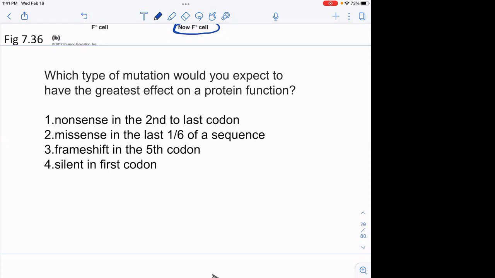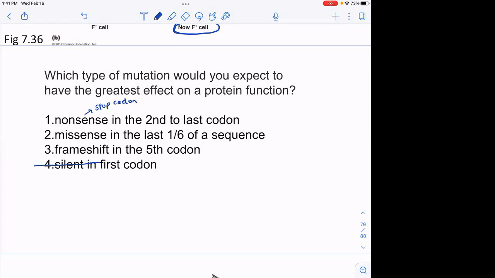So remember, if you have a silent mutation, that doesn't make any difference in the amino acid sequence that's made. So you can cross that out. That's not going to make any difference. Now, typically, remember, a nonsense mutation is going to encode for a stop codon. So typically, that's going to be really bad because the whole rest of that protein wouldn't get made.